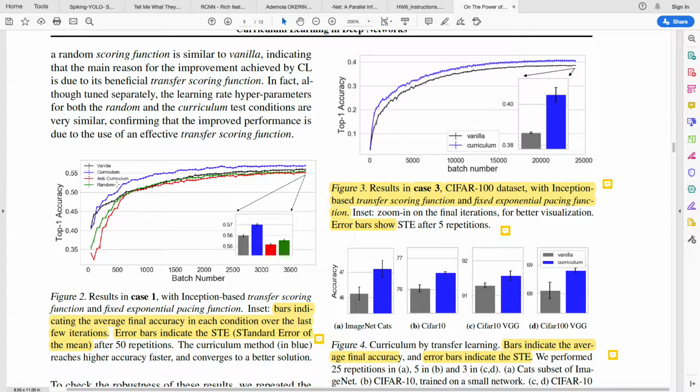The vanilla, the random, which is in the green, is when you actually do it randomly. And the red is the anti-curriculum. You can see clearly that the curriculum did pretty well.